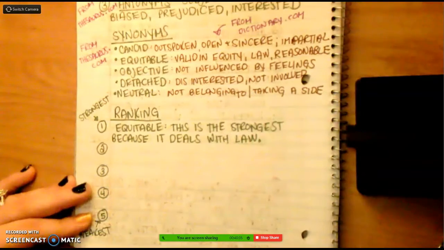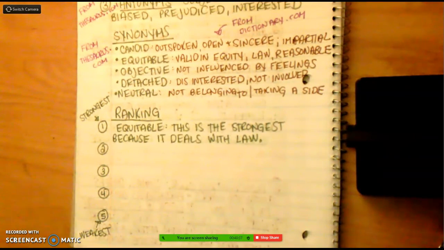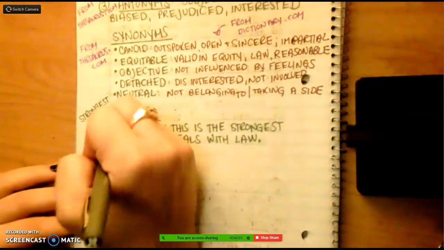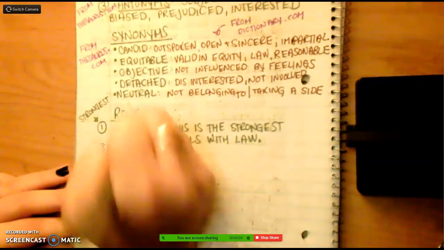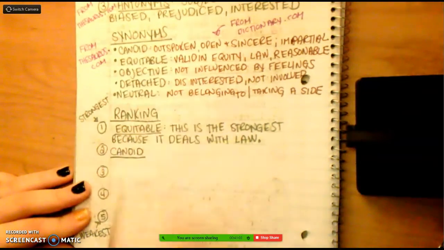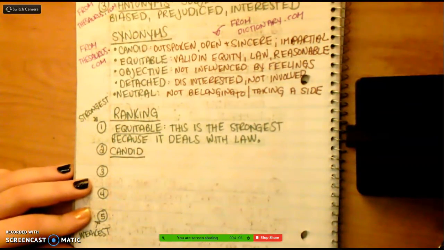So based on these definitions, I am going to make an inference. Because remember, ranking the connotation of words has to do with your background knowledge. So the more that you know about the word, the easier it'll be for you to rank it. So let me look at my list again. Second strongest, I would probably say, is candid. And I would explain why that is the second strongest.